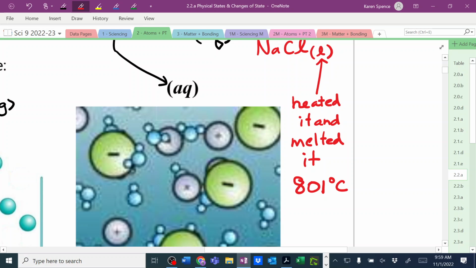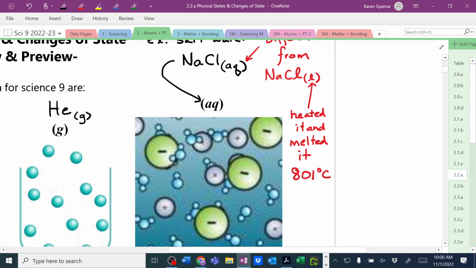We're not doing that, say, in our household. Yes? No. But we can make salt aqueous by just dissolving it in water. Okay? So, no liquid salt at home, but definitely aqueous salt at home. And solid salt at home.